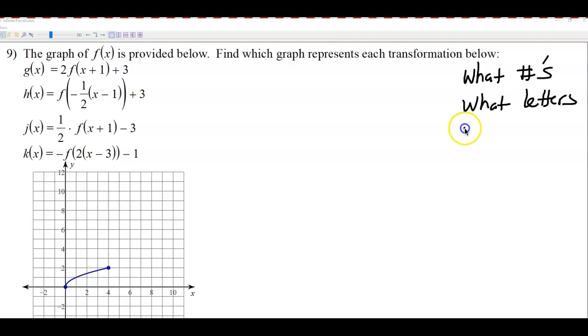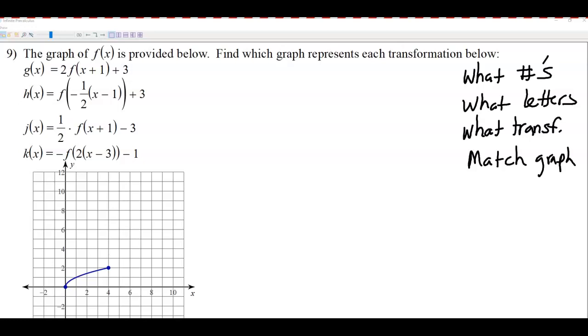And then finally, what transformations do those create? After you know what transformations they are, you should be able to match the graph. Okay? So that's going to be our four-step process. If you find that a nice little thing to add to your notes, you're welcome to do that.